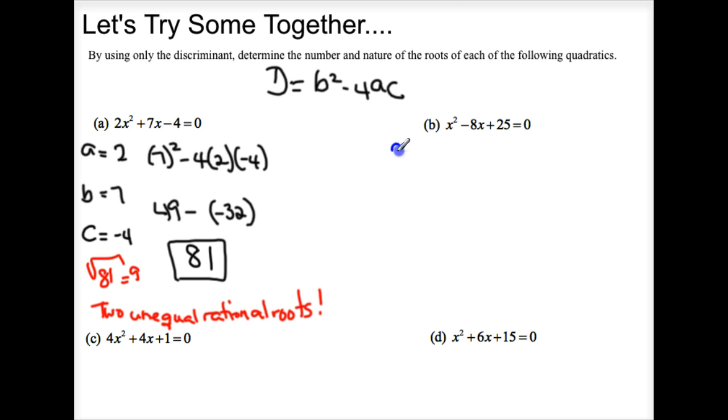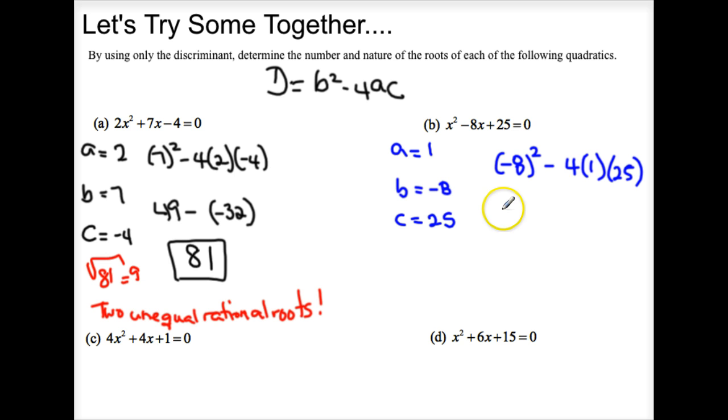Alrighty, B again. My A is 1, not negative 1, Miss Samaru. My A is 1, my B is negative 8, my C is 25. So what's my discriminant? My discriminant is negative 8 squared minus 4 times 1 times 25. This becomes 64.